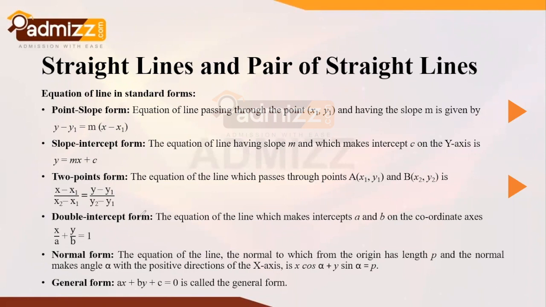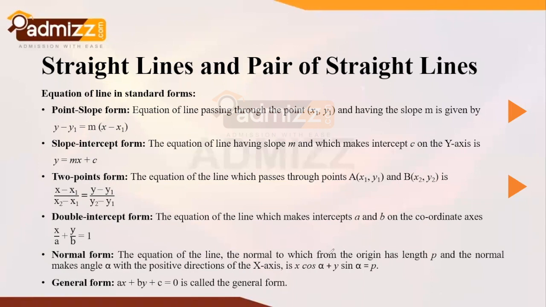Now the next category of equation of line in standard form is the normal form, which states that the equation of the line, the normal to which from the origin has length p, and the normal makes angle alpha with the positive direction of the x-axis, is given by x cos alpha plus y sin alpha equal to p.